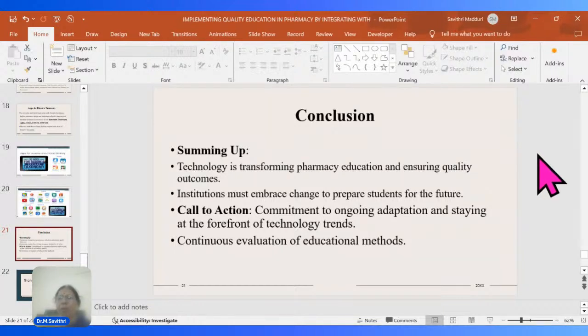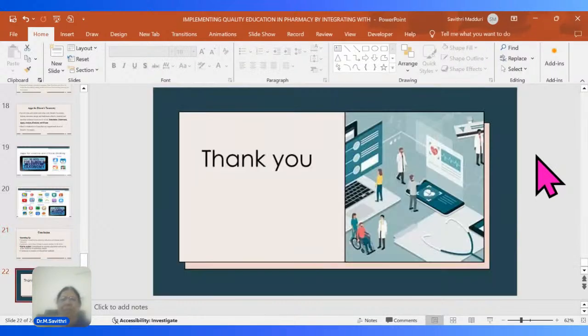When we think about enhancing the quality of staff, dedication is very important. You keep working, you spend some time to learn new things and practice tools, and that will definitely help you and give you a very good name, individually as faculty and also to the institution. So with this I am concluding, and thank you.